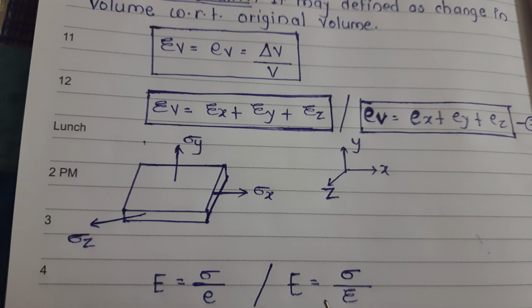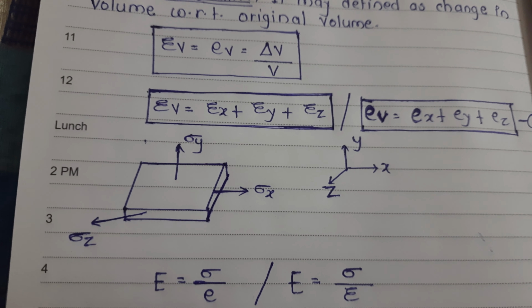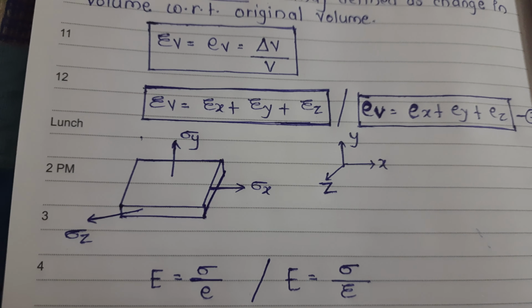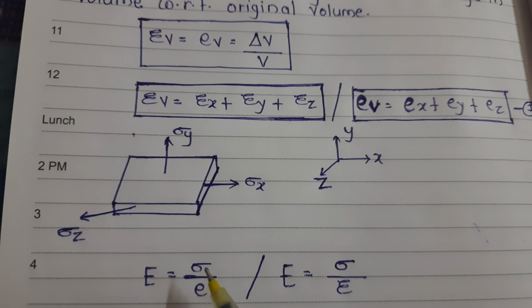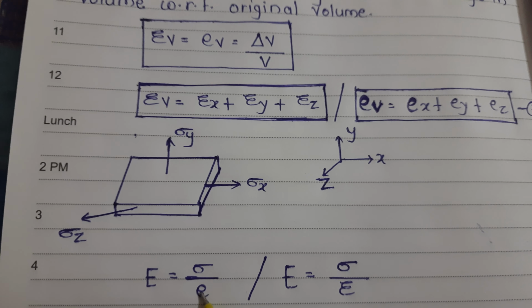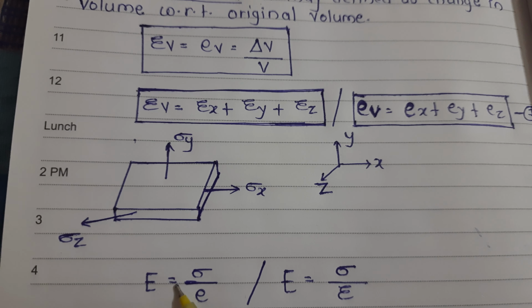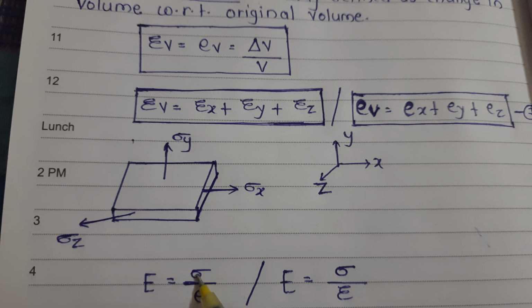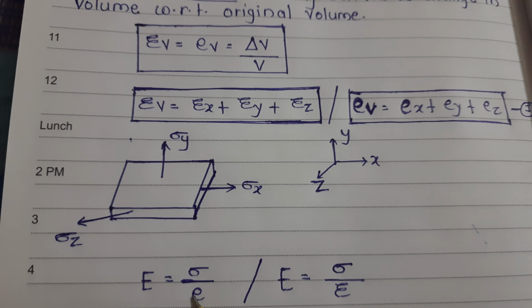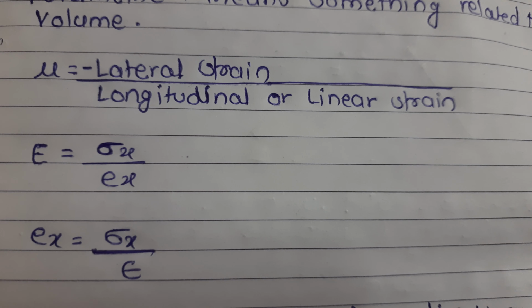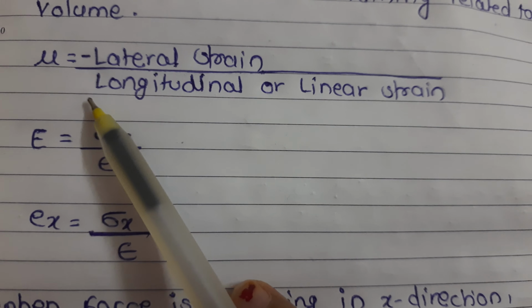For calculating volumetric strain, we must know Hooke's law: E, Young's modulus, is equal to sigma by strain, meaning stress upon strain. And the second thing is mu.